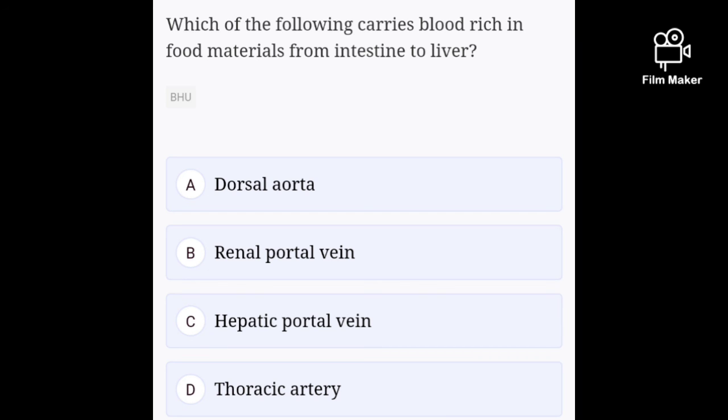By this system, the venous blood returning from different parts of the alimentary canal, for example intestine, is first redistributed in the liver so that the excess quantity of digested nutrients like glucose and amino acids may be taken out from it by the liver cells before it reaches the heart. So the right option is C, hepatic portal vein.